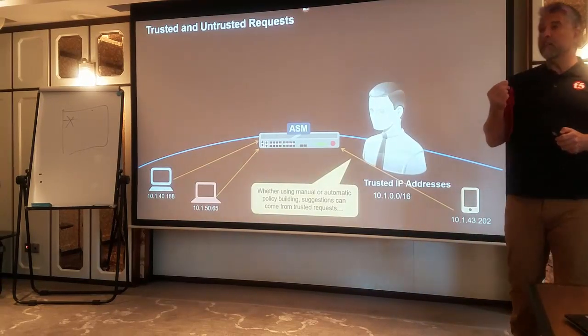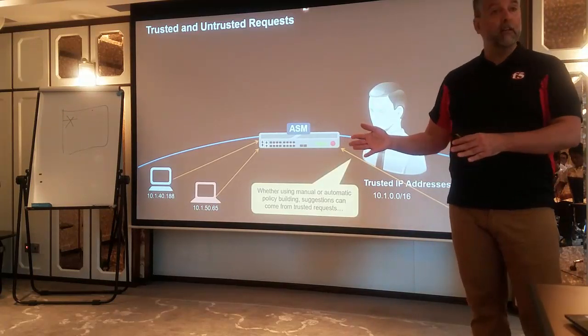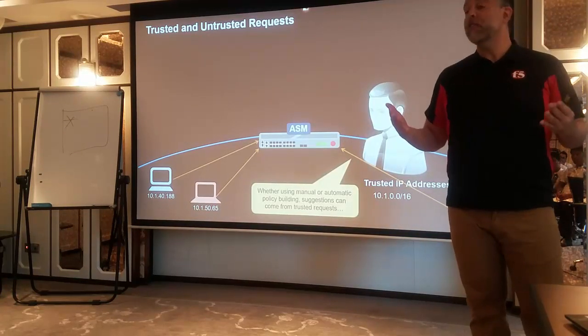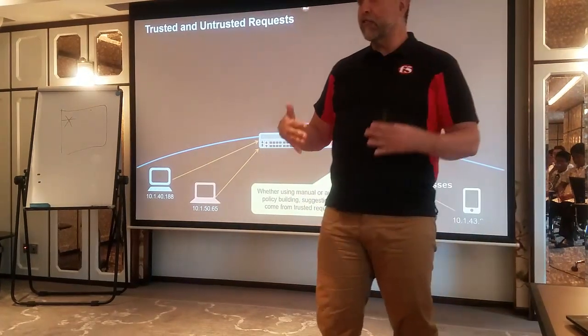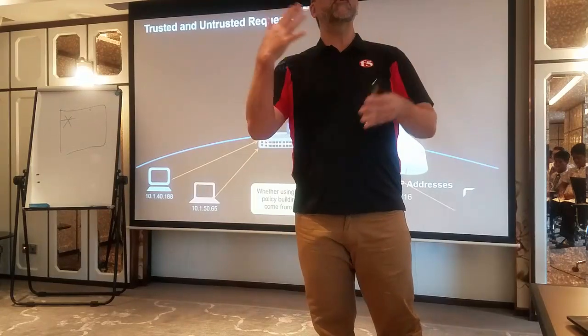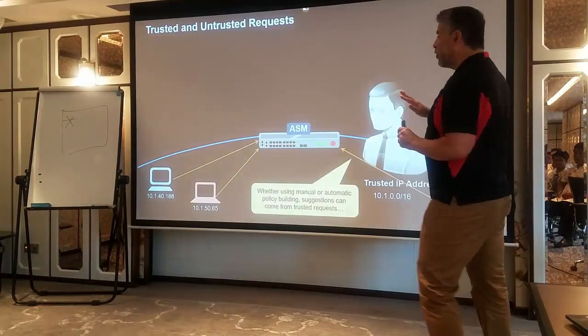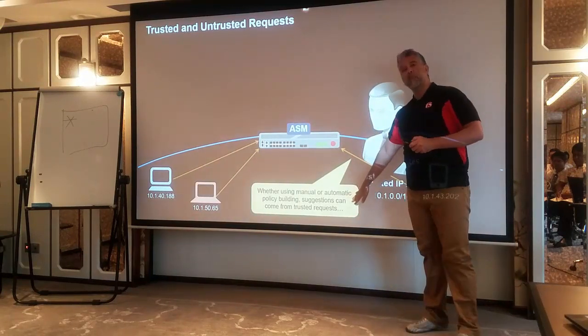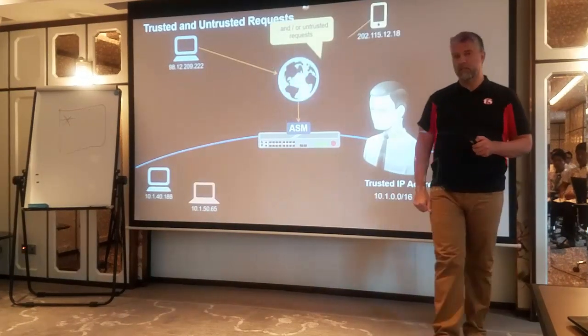So regardless of whether you're using manual or automatic learning, the policy builder can build the policy, it can add suggestions, and it can increase the learning score regardless of whether the requests are coming from trusted sources or from untrusted sources.